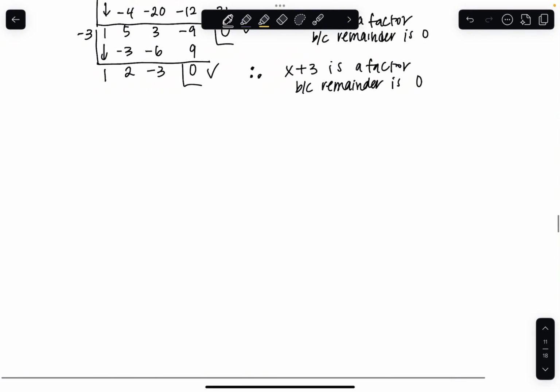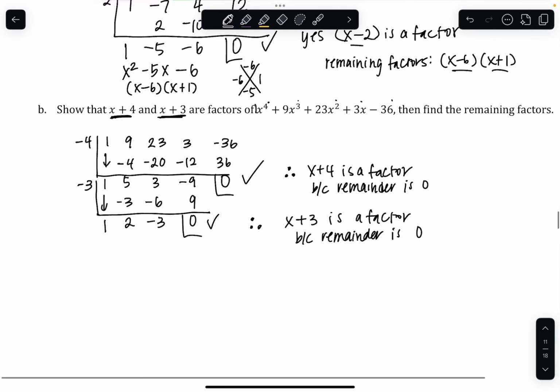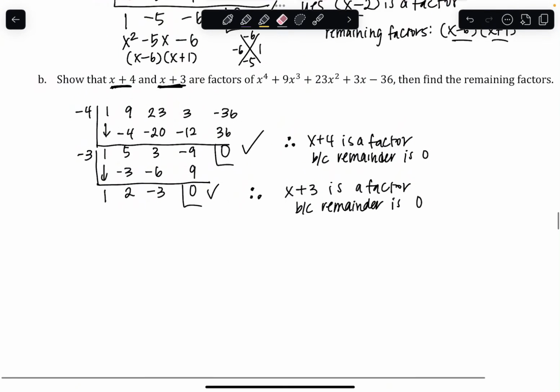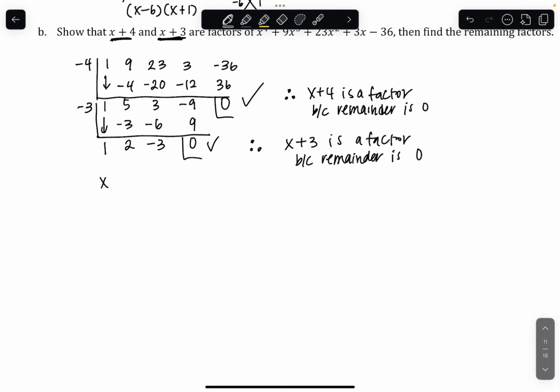And so our quotient, we have to drop our degree by 2 because we just factored out 2 linears. So now from degree 4, we're at degree 2. And so this is x squared plus 2x minus 3. Two numbers that multiply to negative 3 but add to 2 are negative 1, no, yes, negative 1 and positive 3. And so x minus 1 and x plus 3.